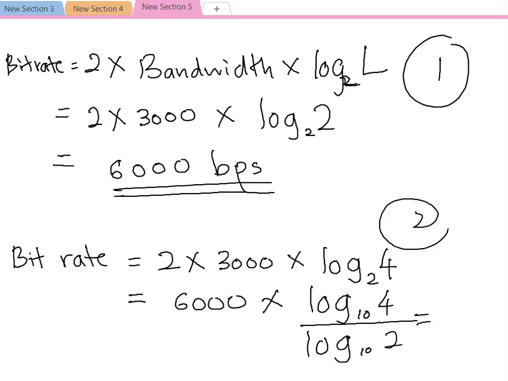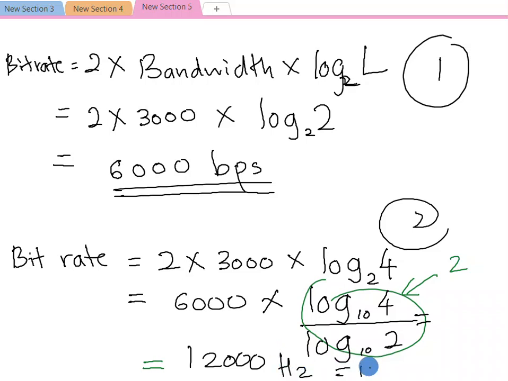So the answer for this part is 2. So finally the final answer is 12,000 bps.